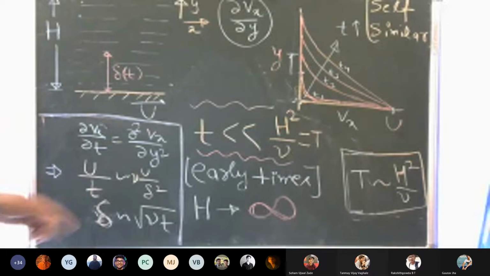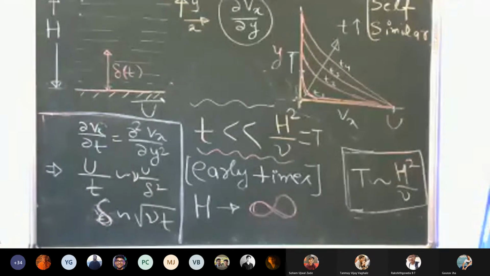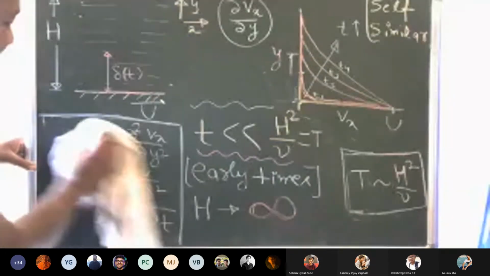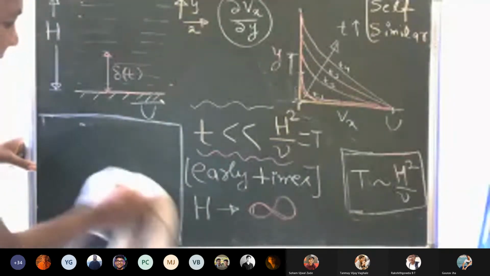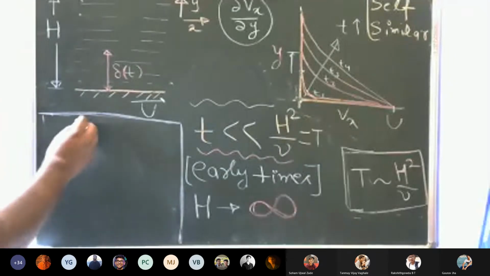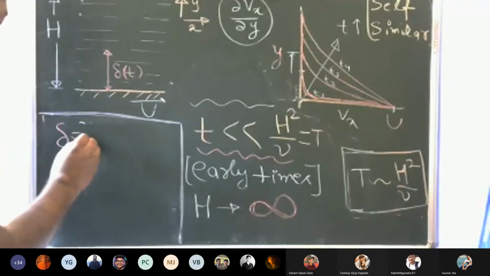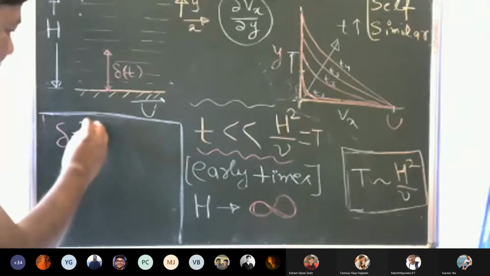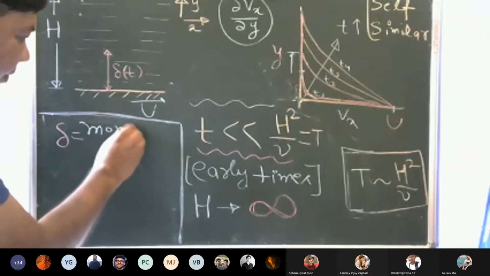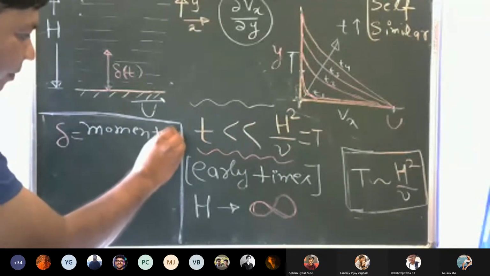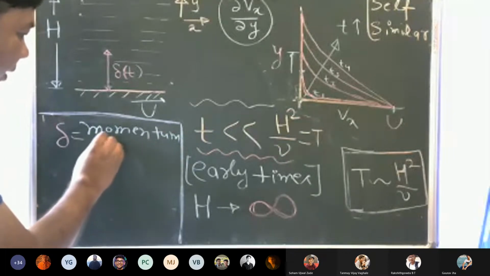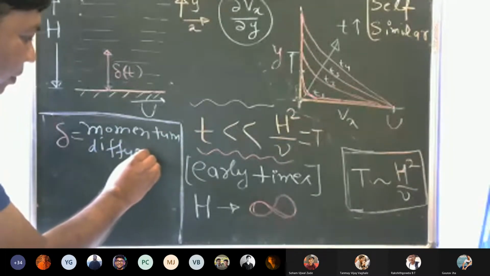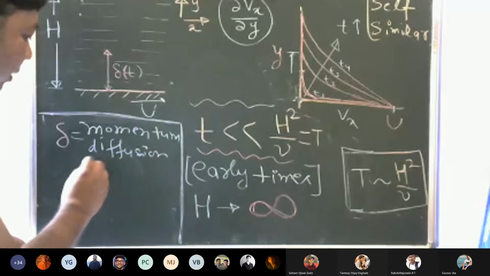Can anyone make a guess what we can call this delta? It's called momentum diffusion length scale.